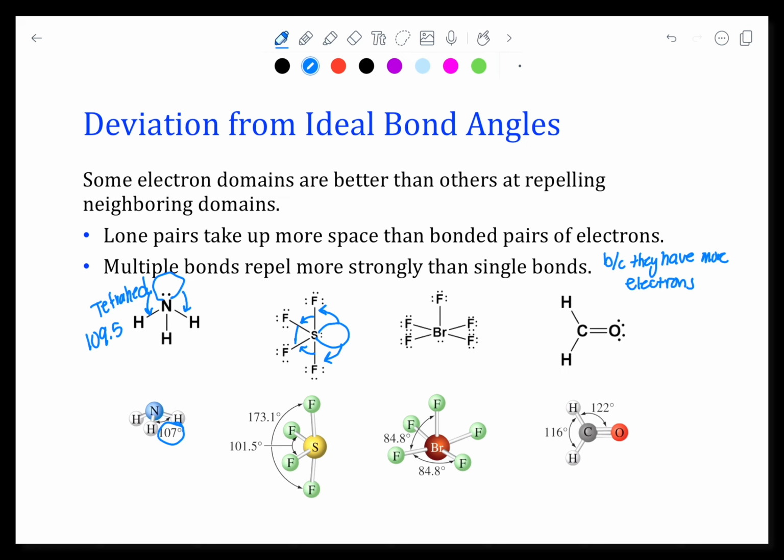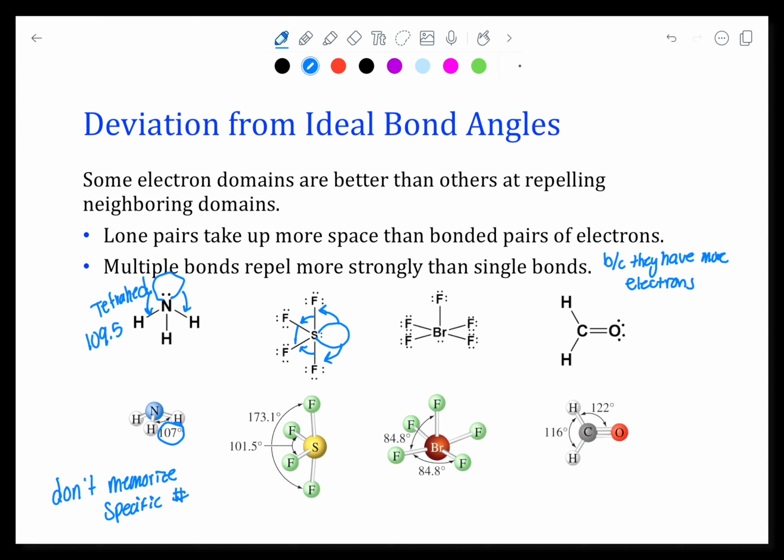Now, I'm not looking for you to memorize the specific numbers, so I don't need you to remember that 180 turns into 173.1. You do not need to remember that. What I want you to understand is that because lone pairs take up more space, they cause a larger repulsion, therefore changing those bond angles, making them smaller. The same thing goes for our BF5 here.